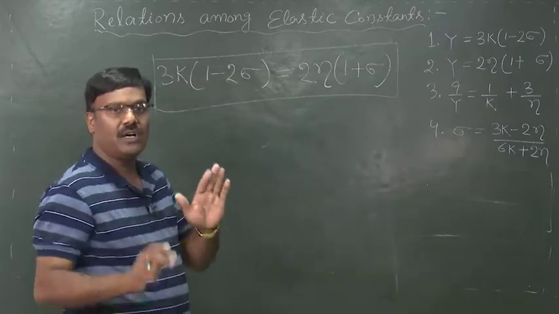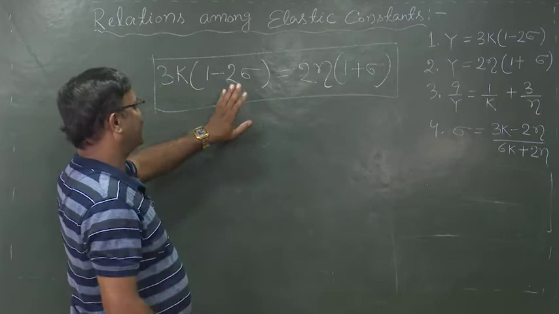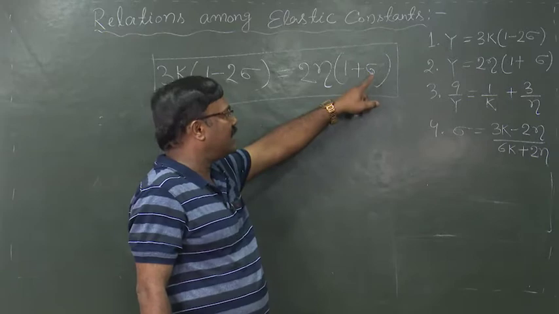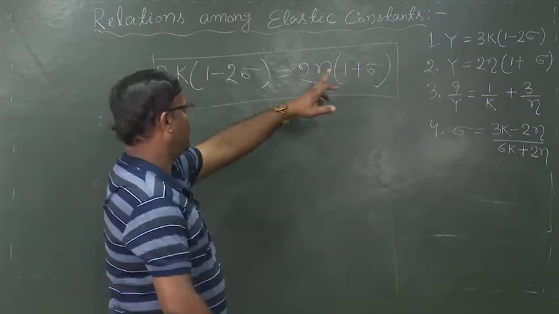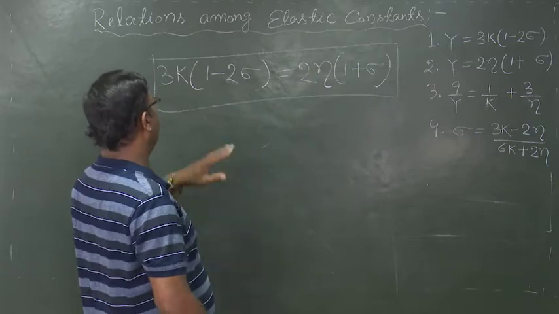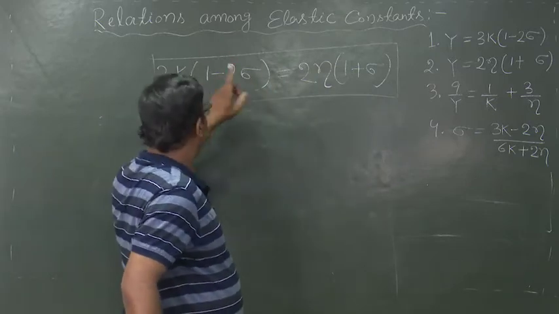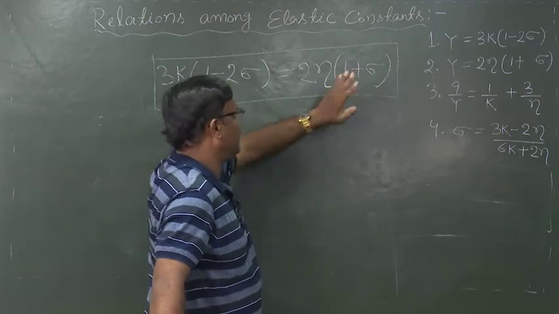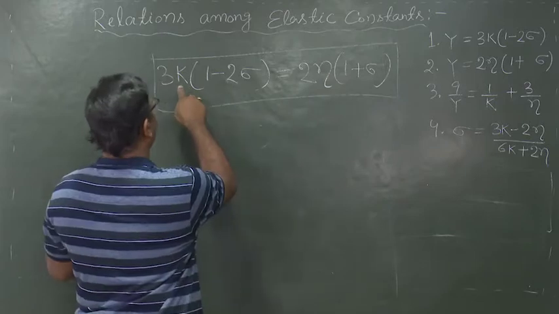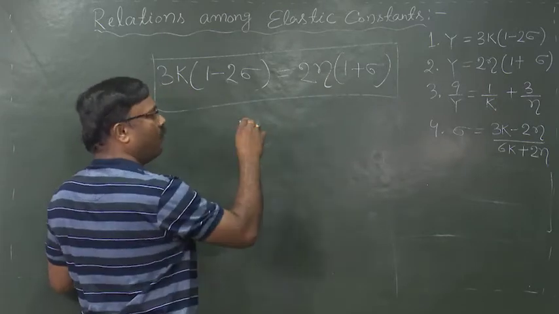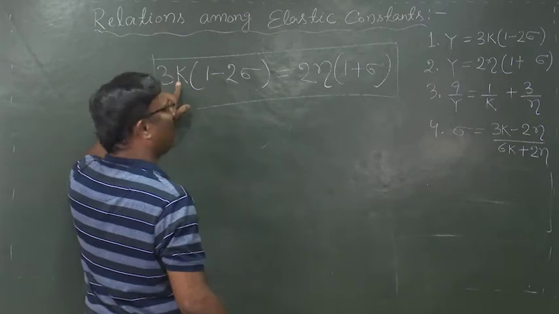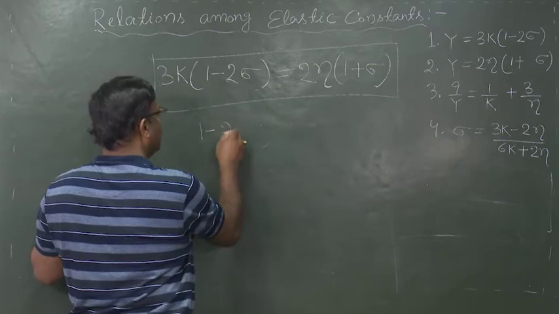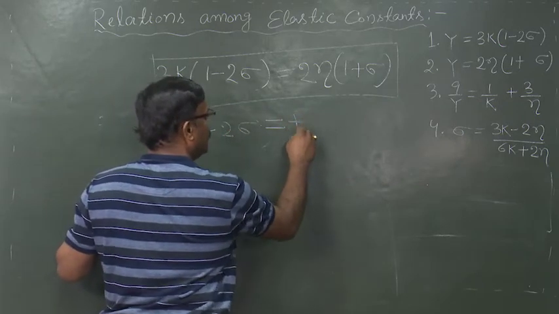Now we have to find out the value of σ. Let us first consider, if σ is considered to be positive, then the RHS of this equation will be positive, for which the left hand side must be positive, but the bulk modulus is always positive. That is why 1 minus 2σ is positive.